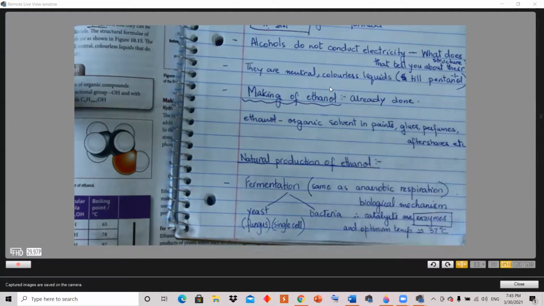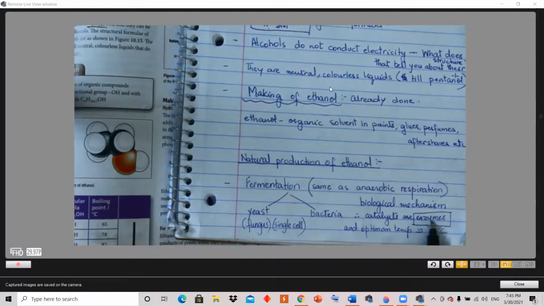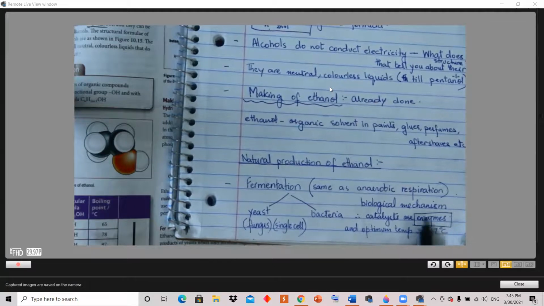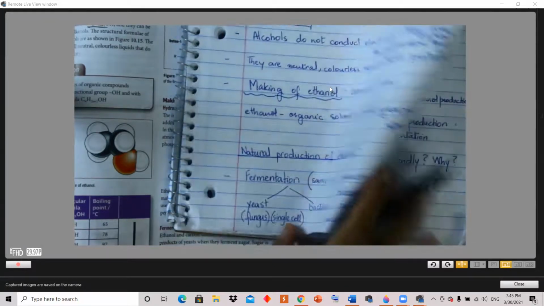Both. So keep these points in mind. The optimum temperature for most of the biological enzymes is 37 degrees Celsius, which is around our body temperature. So keep these points in mind.